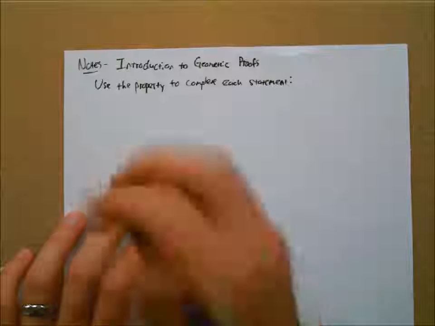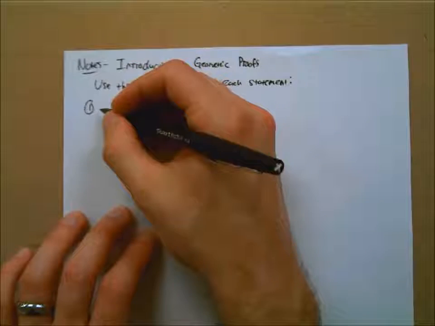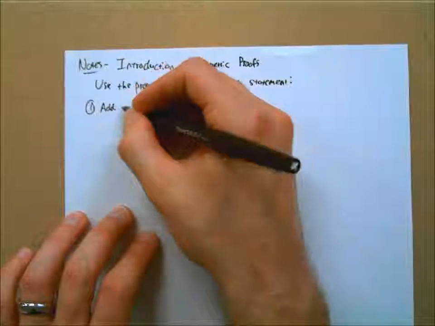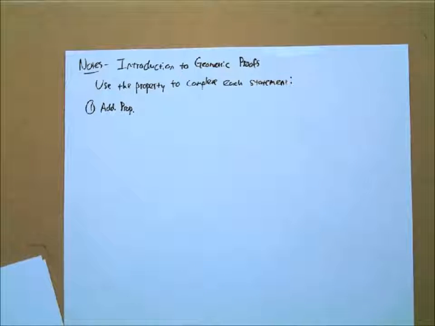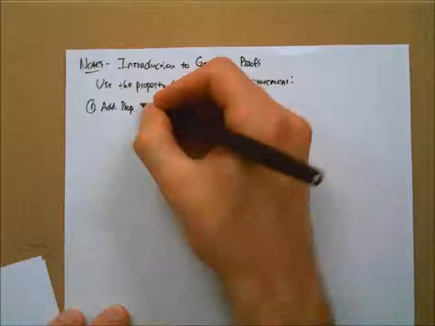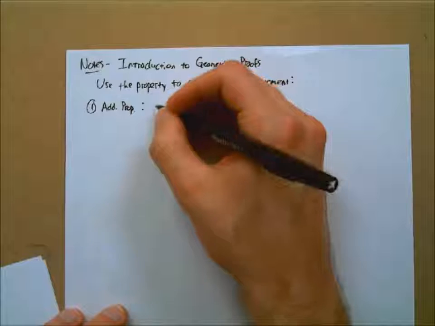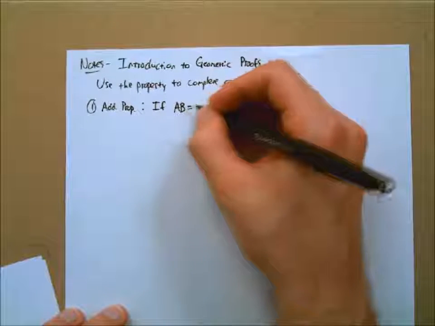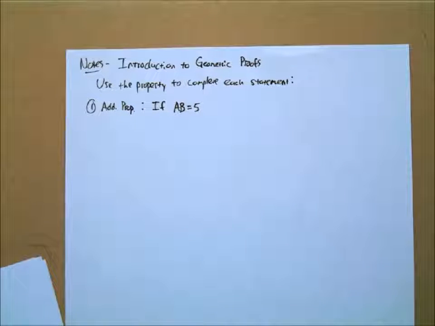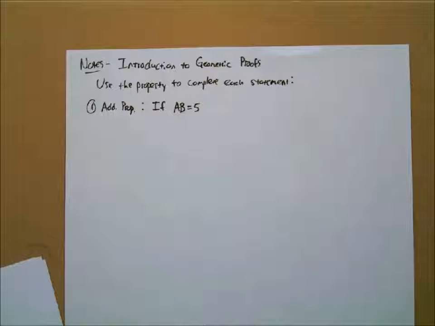So, for example, I'm going to abbreviate some of these just so that we don't have to write the whole words out. It seems kind of silly. So we'll say for the addition property, using that, if AB equals 5, so we're talking about a segment length, right?